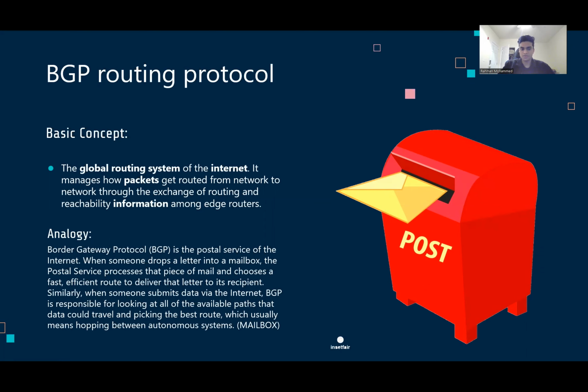But once you send something, you don't put your hand in and grab the letter back. So when it comes to the internet, you wouldn't be able to take that information back. But also it's looking for all these other paths to take, and then you're finding the best route. So just think of BGP as a way of sending information or packets through the internet. And the way I think of that is a mailbox.